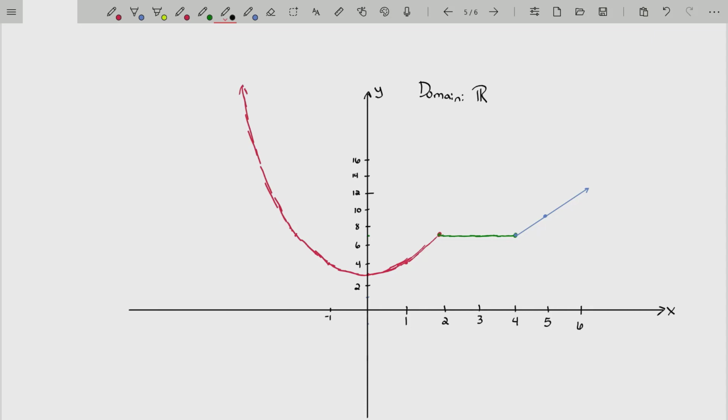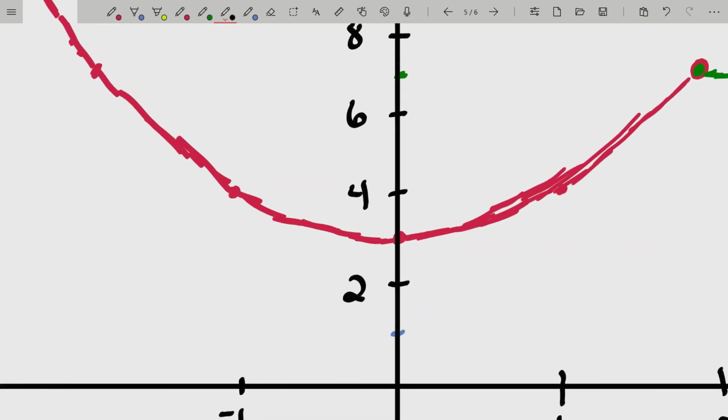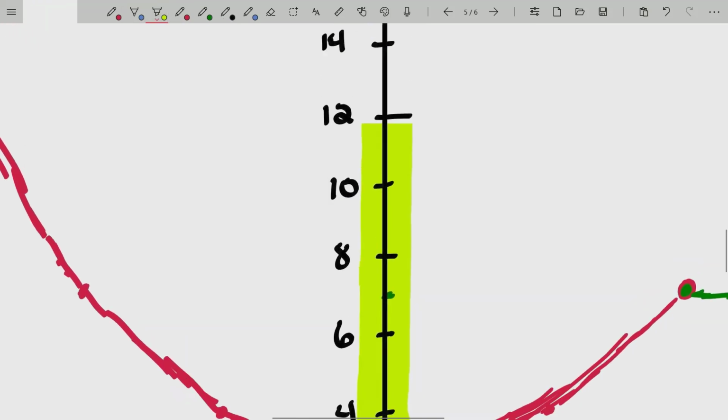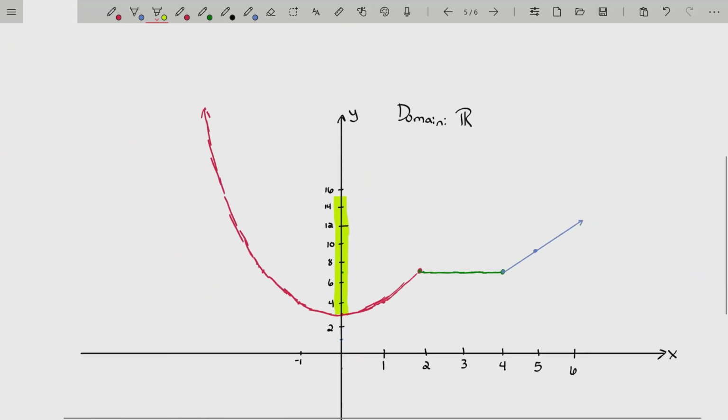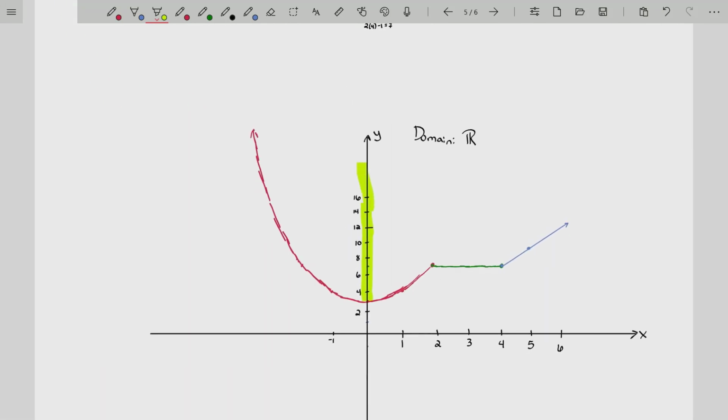And as far as y values for what our curve attains, it goes all the way down to and includes a y value of 3. Otherwise, it climbs forever, right? In both directions, technically, but it only needs to climb forever in at least one direction. So no matter where I am on the y-axis, there is a function value to the left or to the right.